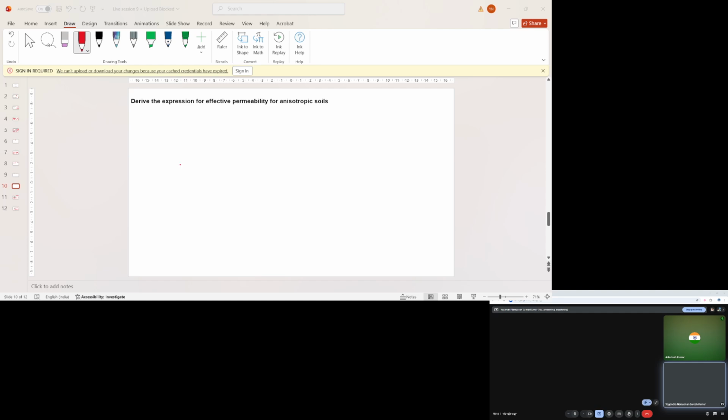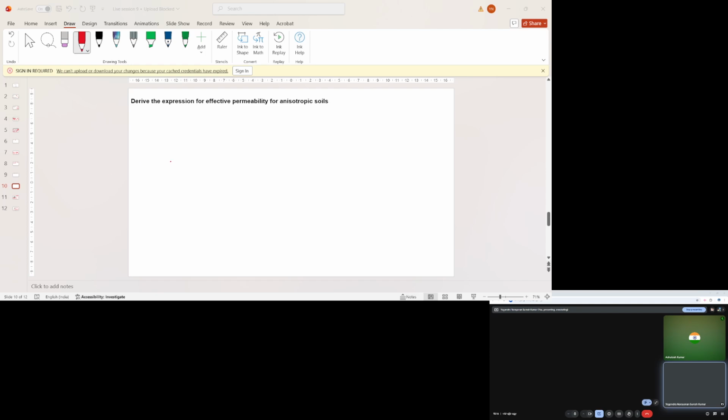Now the cross-sectional area is going to remain the same. Consider the element's width into the plane of the screen as one unit. So the cross-sectional area of the flow of fluid is the same; the length is going to be different. Understood? Yes, sir.